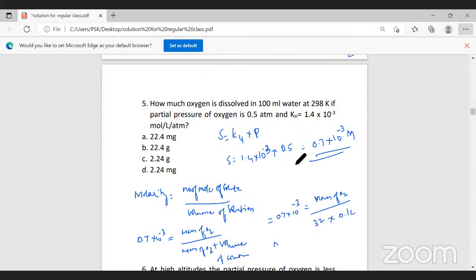So mass of oxygen will be 0.7 into 10 to the power minus 3 into 32. On simplification, we get 2.24 into 10 to the power minus 3 grams, that is equal to 2.24 milligrams. Hence, the answer for this question is 2.24 milligrams, option C.